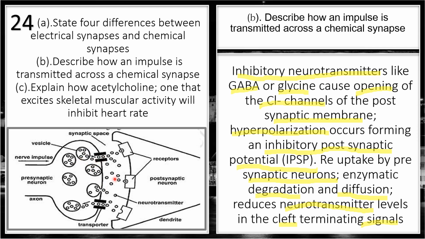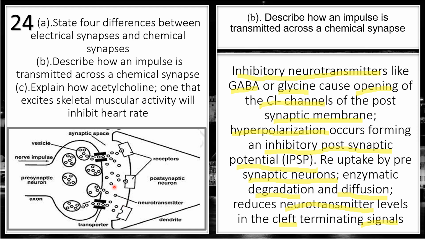But here now, if the vesicles contain the inhibitory neurotransmitters like GABA, glycine, when these are released into the synaptic space or synaptic cleft, they will diffuse and go to the postsynaptic membrane, and they are going to cause the opening of the chloride channels of the postsynaptic membrane.